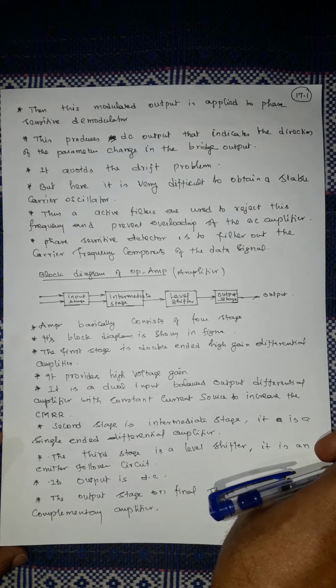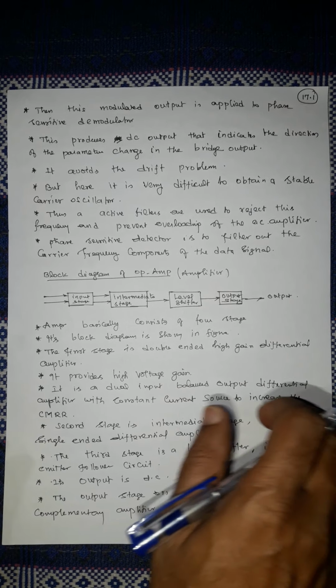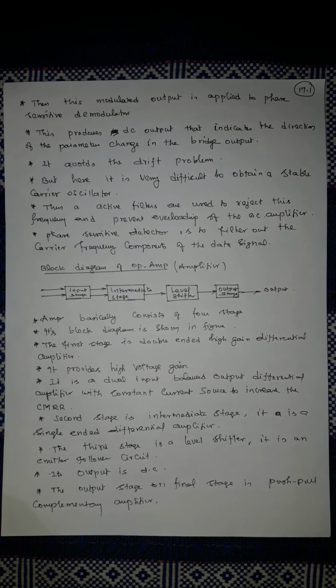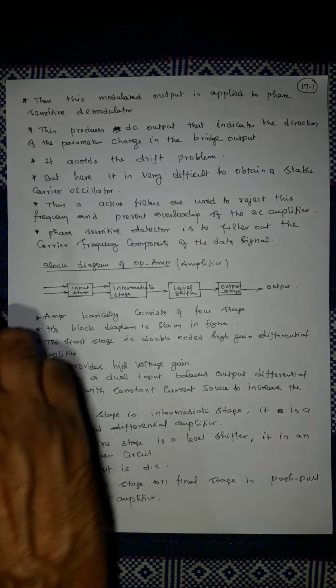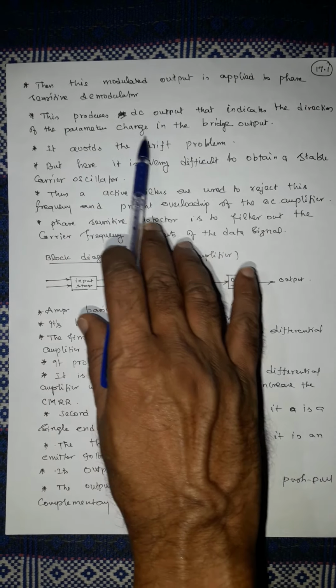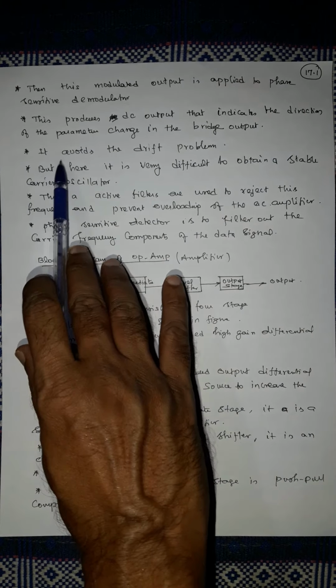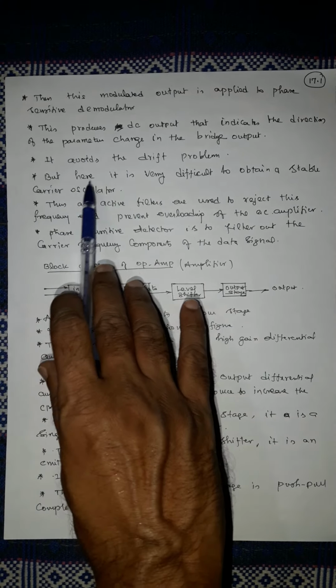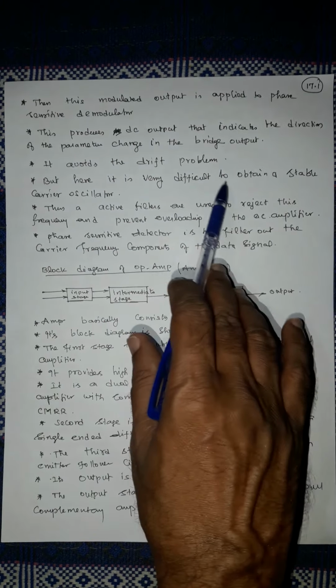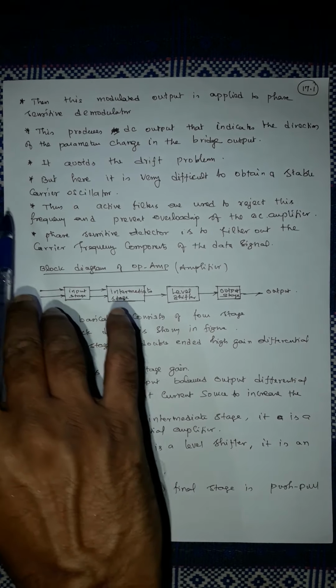Then this modulated output is applied to the phase sensitive demodulator. Demodulator means removing the carrier signal from the signal. This process gives a DC output that indicates the direction of the parameter change in the bridge output. It avoids the drift problem. But here it is very difficult to obtain a stable carrier oscillator.